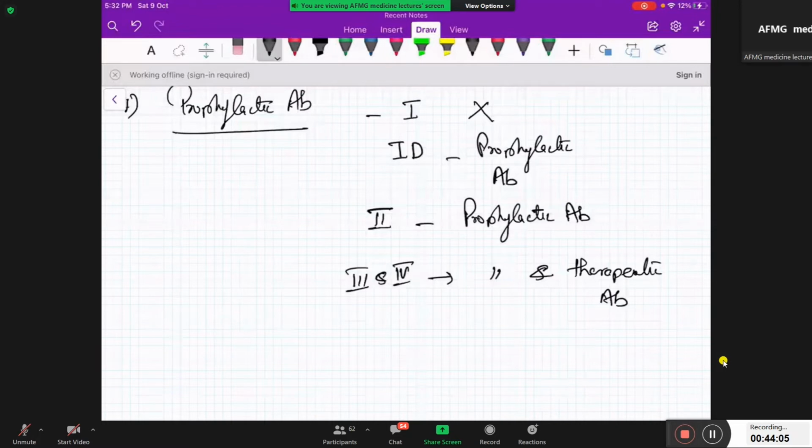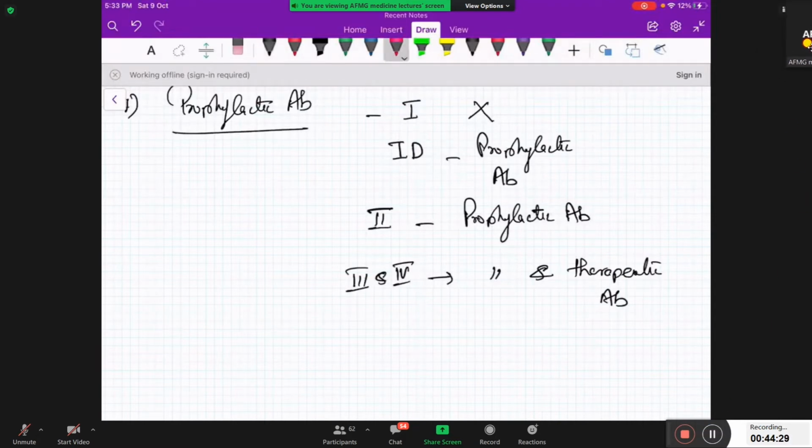Now comes, what is the best time of giving this prophylactic antibiotic? Before surgery. Before surgery can be any day before surgery. Yeah? 30 minutes before surgery.